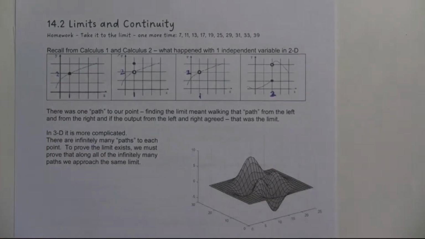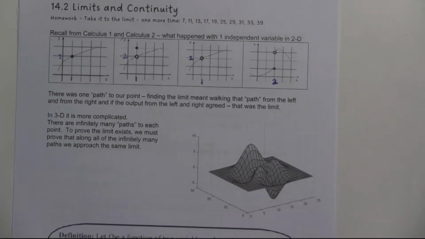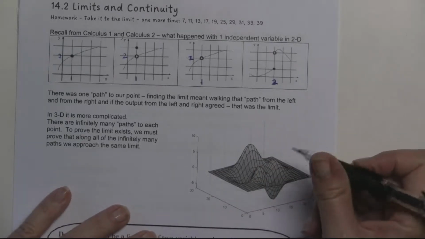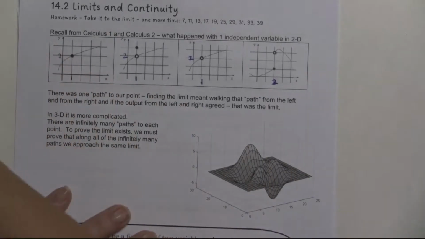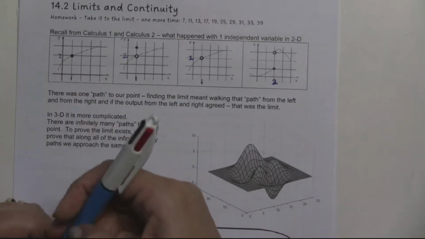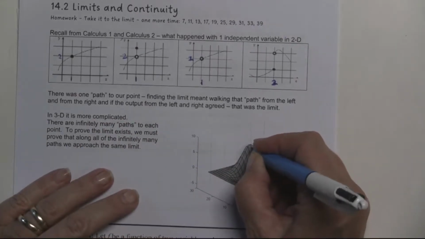It's a little bit more complicated in 3 dimensions, because at any point that you're on, I'm going to put a point on here. Maybe I should put it in a color. I don't know if my color will really stand up to how dark that is.